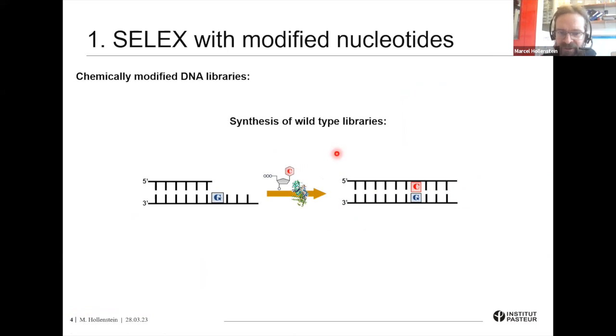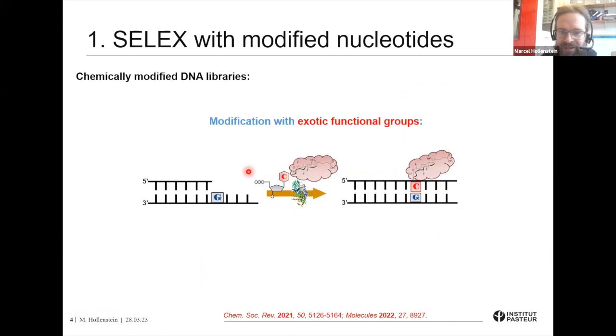So instead of using canonical nucleotides and standard polymerases such as Taq under PCR conditions to then produce libraries, we first of all try to substitute one or multiple canonical nucleotides with base modified nucleotides with what we call exotic functional groups, which are essentially just functional groups that are totally alien to biology.